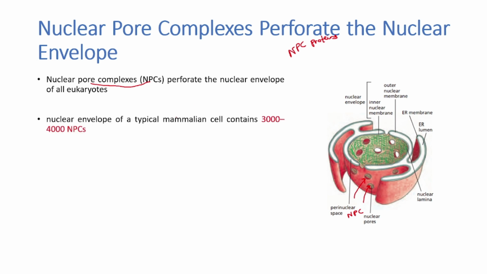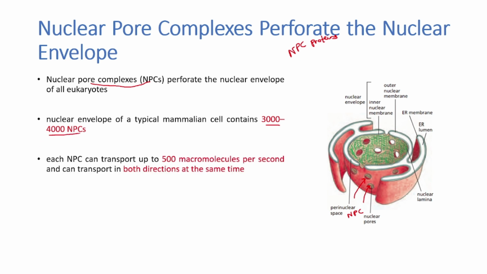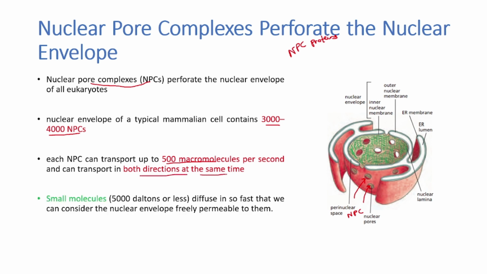There are roughly 3000 to 4000 NPCs within a typical mammalian cell, and there is a very high rate of traffic through NPCs. The NPCs transport 500 macromolecules per second in both directions at the same time. Shorter molecules pass easily through the NPCs compared to larger ones. The larger the molecule, the more slowly it traverses the NPC.